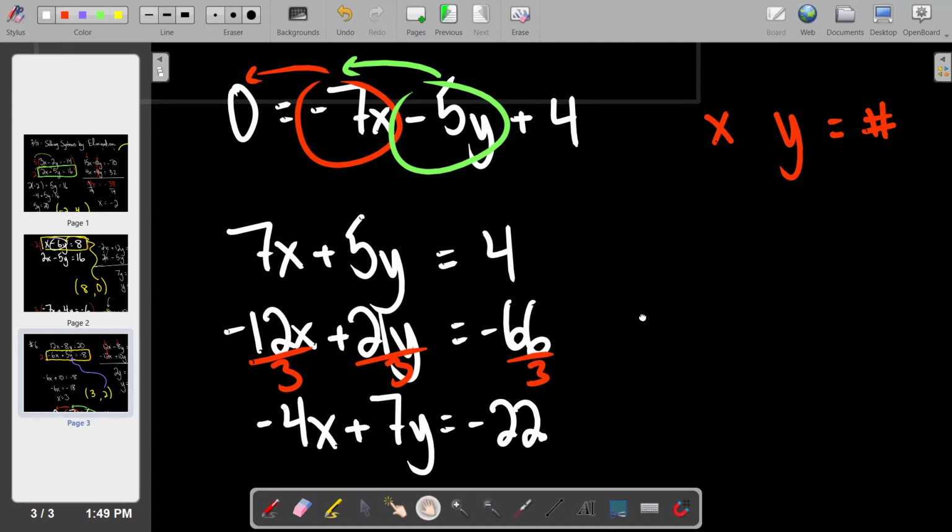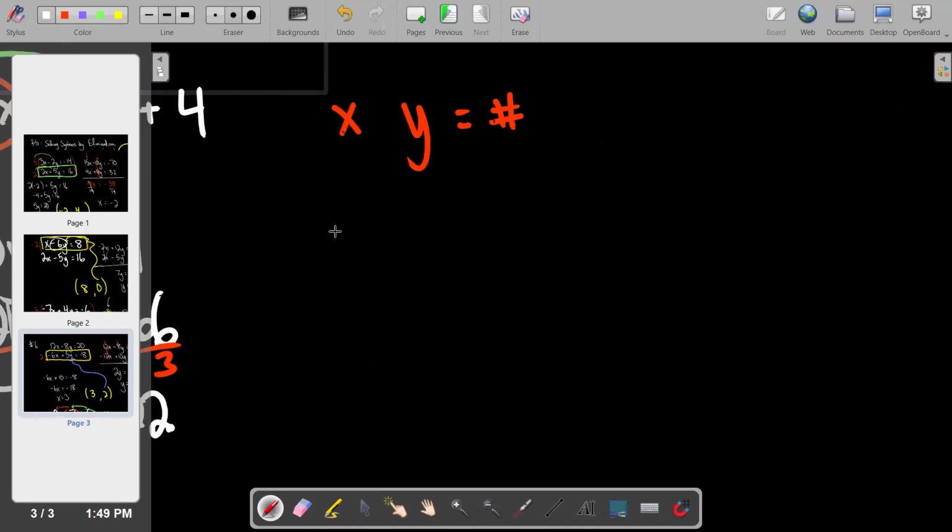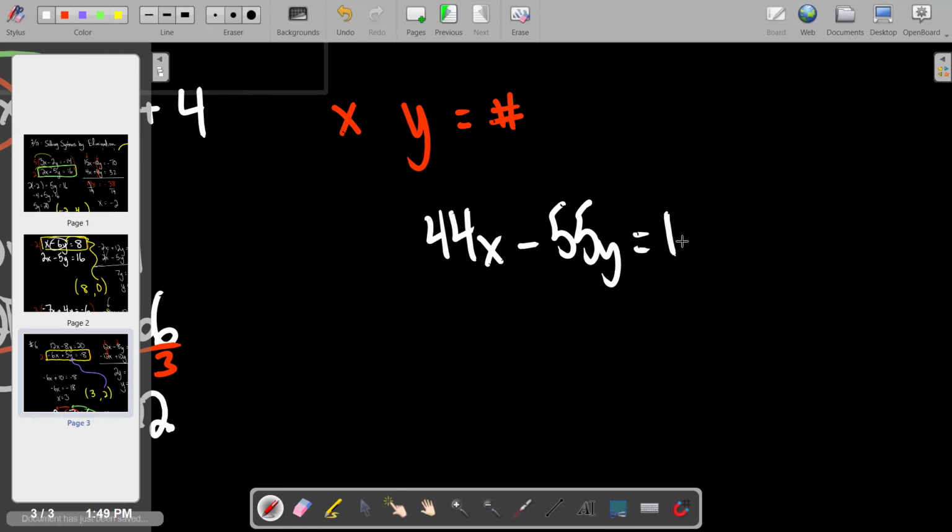The moral of the story is this. If you're walking through and you see an equation, and people are starting to drop off like flies, I know this isn't the most exciting, but you still need to be a part of this. If you saw an equation that said 44x minus 55y equals 121, you would be well within your rights to say, what the what?